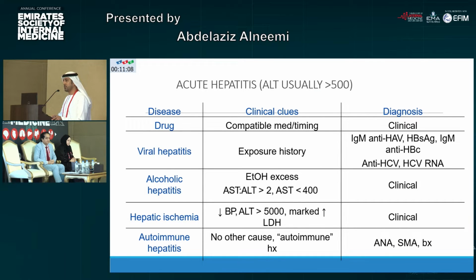Alcoholic hepatitis: the patient gives you a history of ethanol intake and the pattern of ALT/AST, and the diagnosis is mainly clinical. Ischemic hepatitis: drop in blood pressure, ALT more than 5,000, marked increase in LDH, and the diagnosis here is clinical. Autoimmune hepatitis: you've ruled out other causes and you have a positive autoimmune serology.